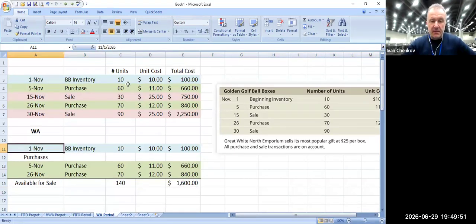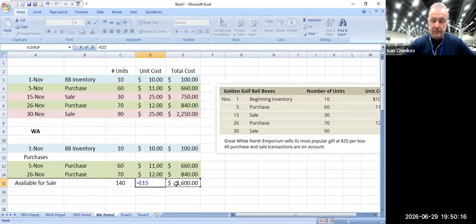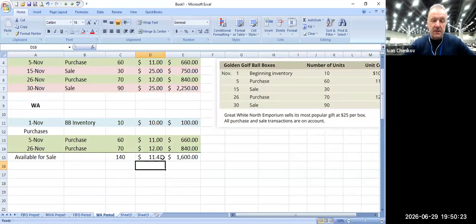Again, we have the beginning balance, 10 units, $10, $100. We have the two purchases. Once we add the beginning balance plus the purchases, we're coming with the total cost. Well, the total cost is for the 140 units that we have available. So the question is, what's the weighted average cost of those units? 1,600 divided by 140 is going to give us 11.43, the weighted average cost of our units.